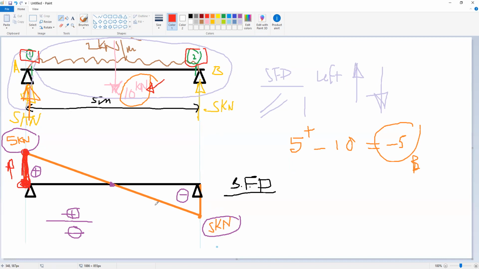So from here to here, we have 10 kilonewton going down. This 10 kilonewton brings us from 5 to -5. Then because we don't have any concentrated load, only uniform load, we connect these 2 points with a straight line like this.